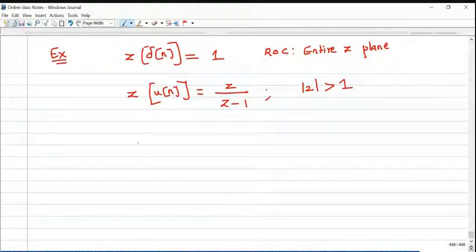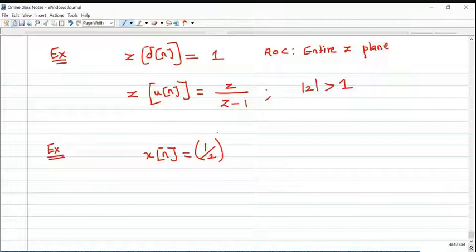And some more problems I'll list out; you try to practice. Due to insufficient time, we need to concentrate more on the inverse Z transform. So suppose (1/2)^n u of minus n is given.